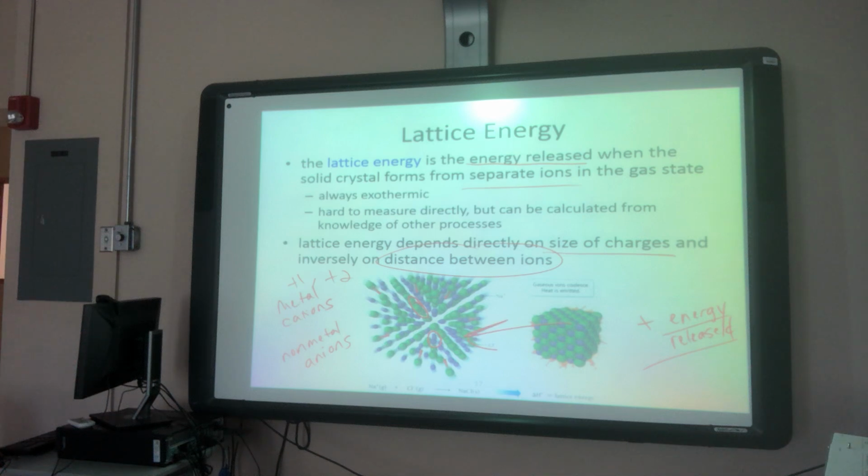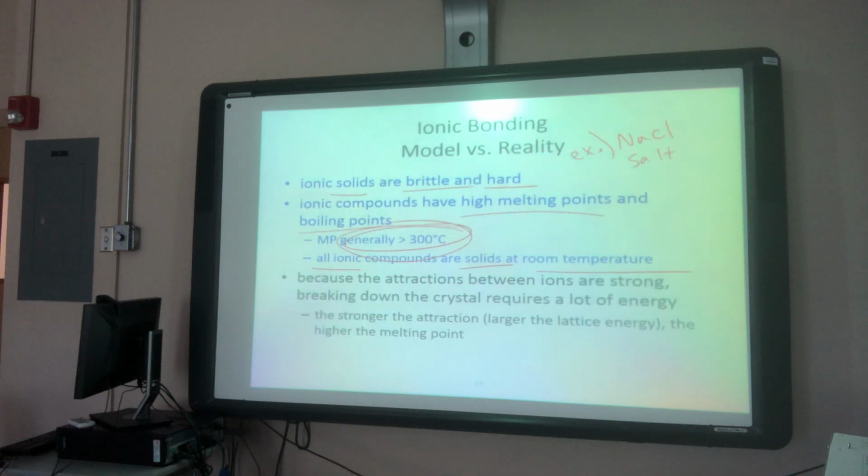It doesn't want to do that. Remember, it wants to be in this nice cube. So to melt it, I have to put in a lot of energy to force it apart. Because the attractions between the ions are hard to break, breaking down the crystal requires a lot of energy, a lot more than that lattice energy. So this is why I have such a high melting point, because it wants to stay together.